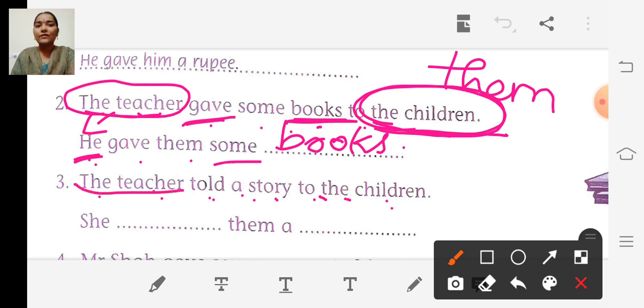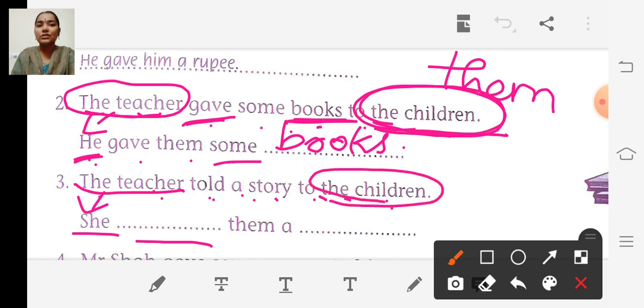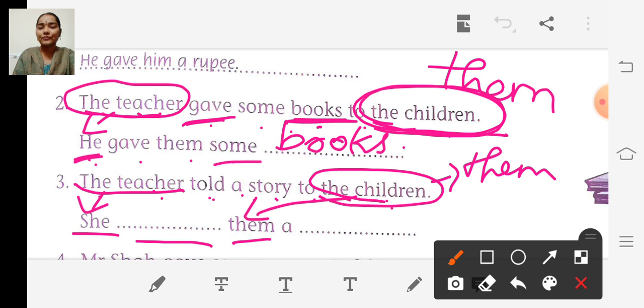Instead of the teacher, they have written she. She told the children, so instead of the children, they have written them.